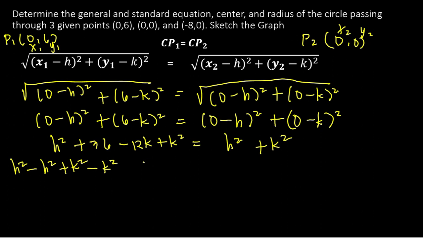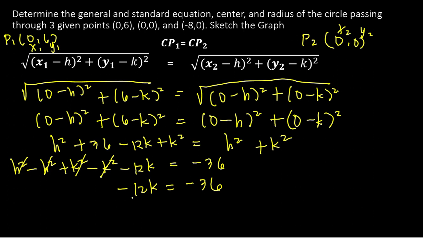Next, copy the negative 12k is equal to, transpose this 36 to the other side, we will have negative 36. Again, whenever you transpose, you have to change the sign. Now, let us combine like terms. h squared minus h squared is 0, so it cancels. And k squared minus k squared is also 0. So what remains is negative 12k is equal to negative 36.